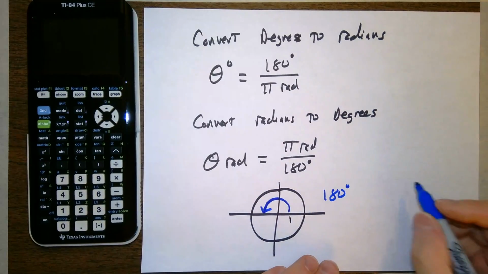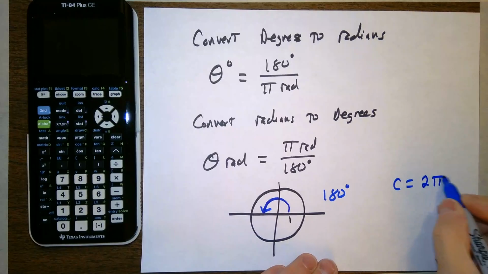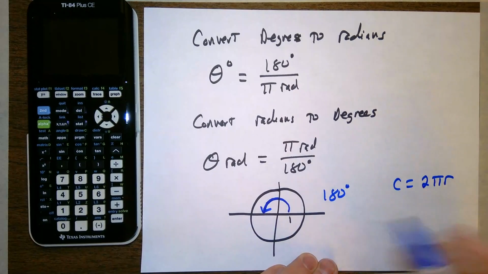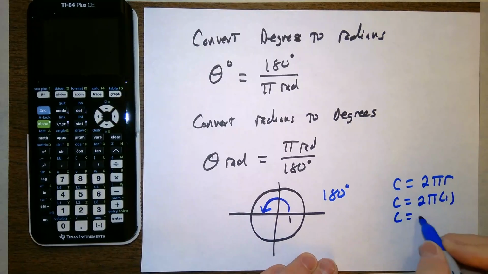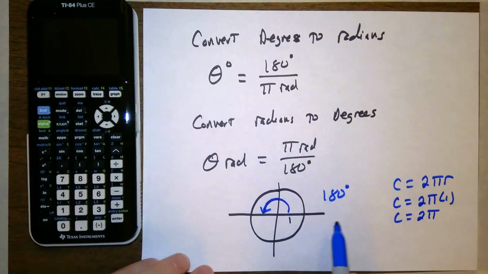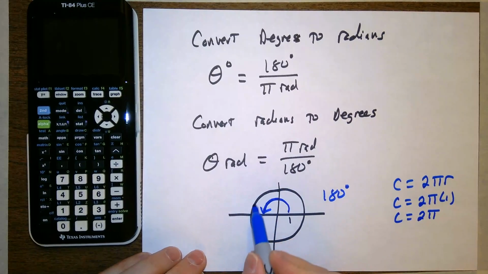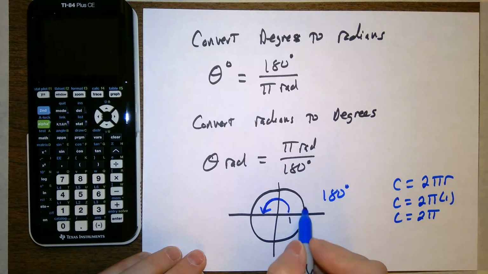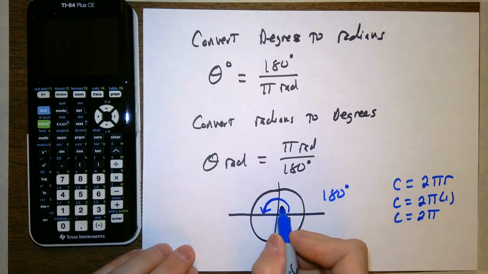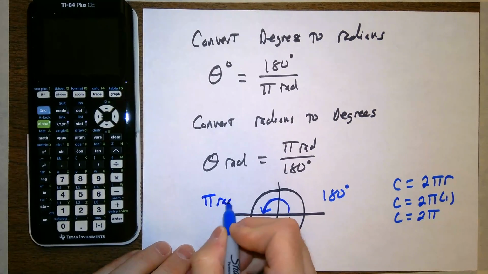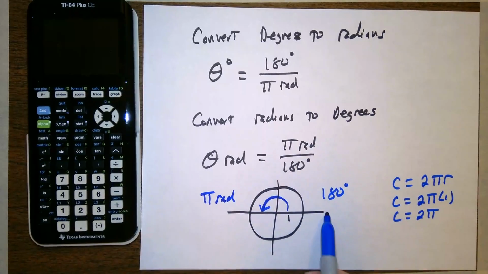The whole circumference of the circle is 2 pi r. If the radius is 1, then the whole circumference is 2 times pi times 1, which is 2 pi. In other words, the radian measure, if I went all the way around, would be 2 pi. So the radian measure if I just go halfway, 180 degrees, would just be pi. So this angle would be pi radians. In other words, 180 degrees is equal to pi radians.